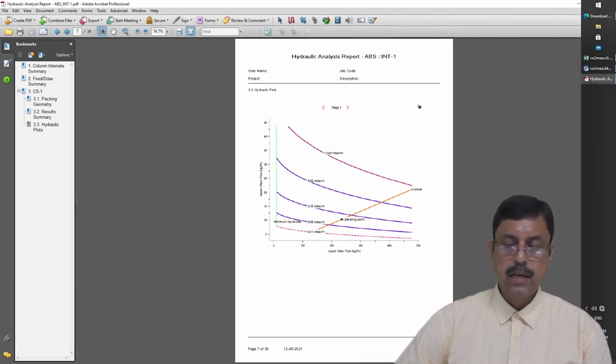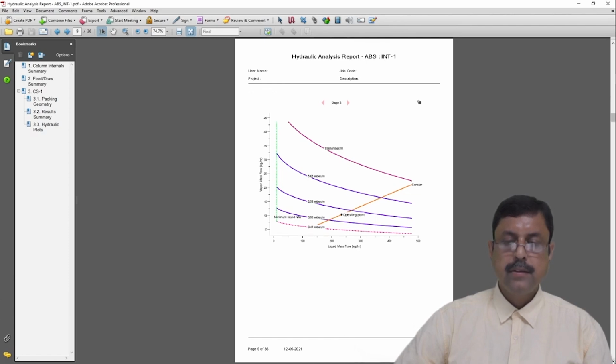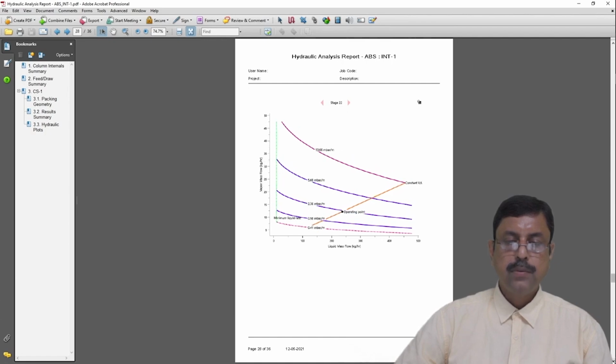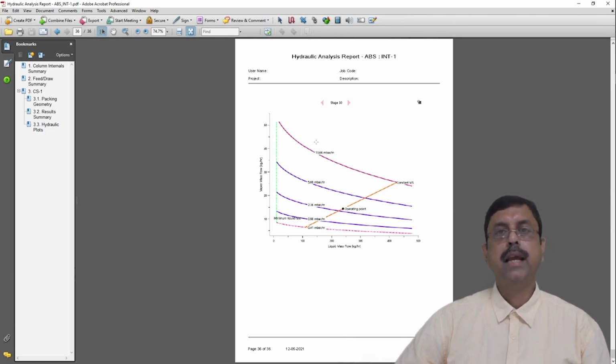So it is stage 1, then it will be stage 2, stage 3, stage 4, stage 5, up to stage 30 it has generated. Okay, all the reports will be generated like this.